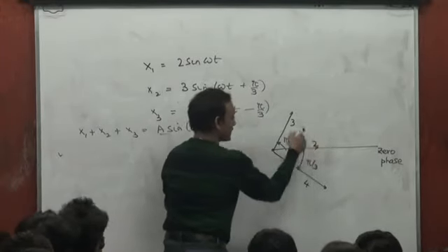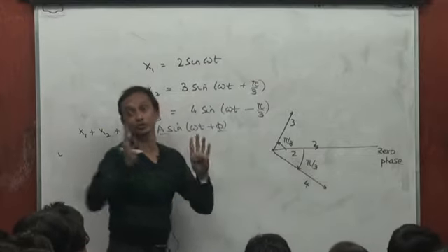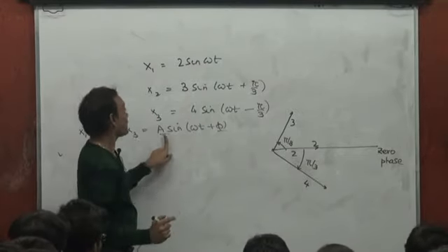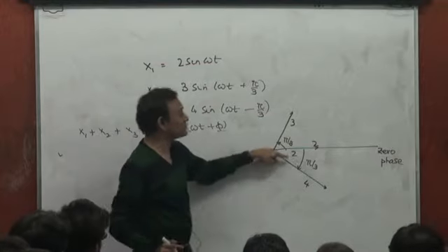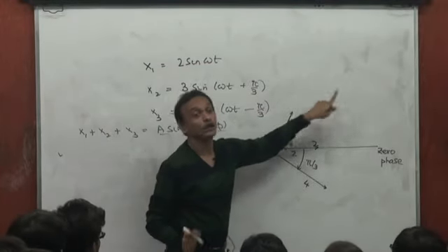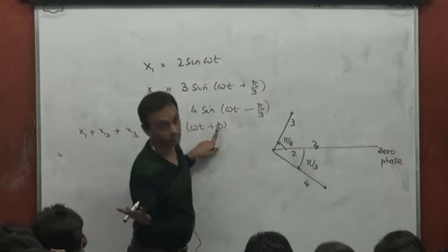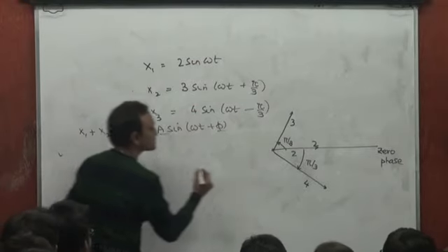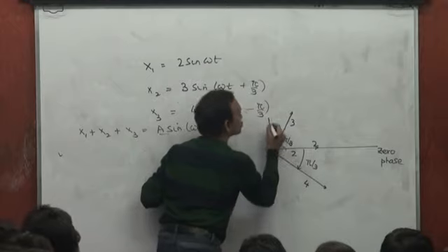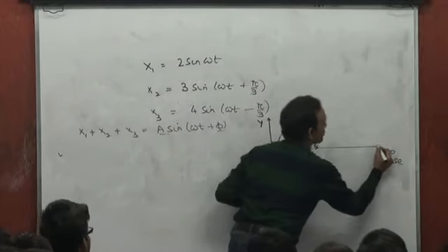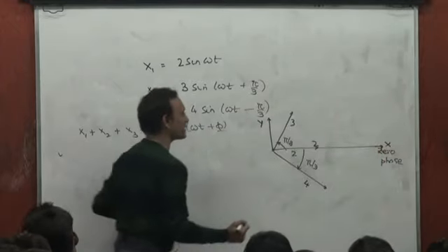The resultant of these vectors would have a magnitude equal to a, and the angle that the resultant makes with the zero phase line will be the phase phi of the resulting motion, right? In this case, you don't need to use the parallelogram law. You could look upon this as the y direction, and this as the x direction.